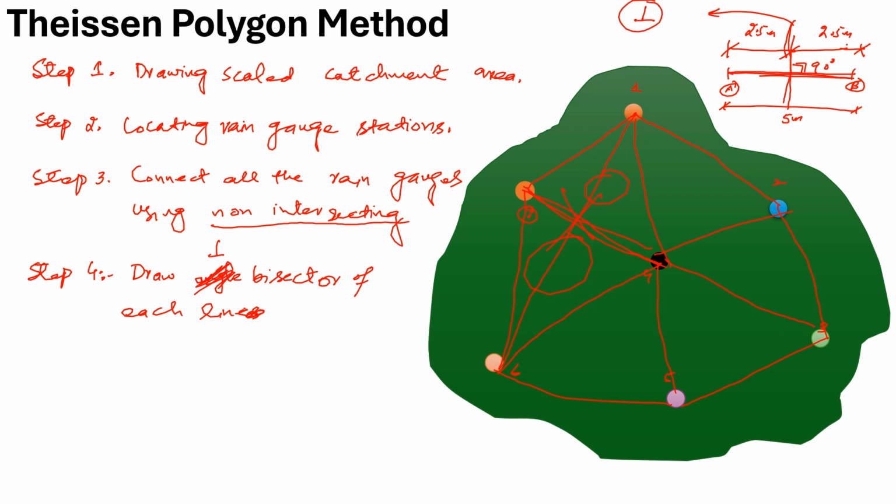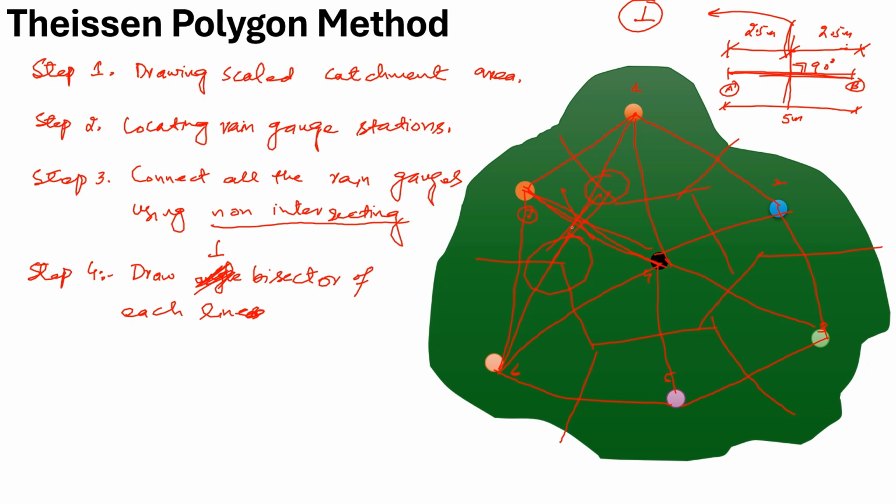So simply, for this line the perpendicular bisector is this one, for this line it is this one, and in this way we'll draw the perpendicular bisectors of all the lines, ignoring the intersection of bisectors.